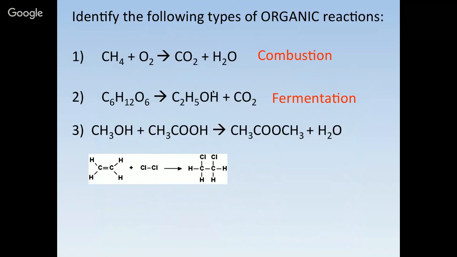And how would you identify this as esterification? Esterification is going to always be reacting an alcohol, which remember we have the hydroxide here, so you're going to have the OH group hanging off the side, with an organic acid. You can identify organic acids in the condensed formula with COOH, COO. And then your product is always going to be an ester.